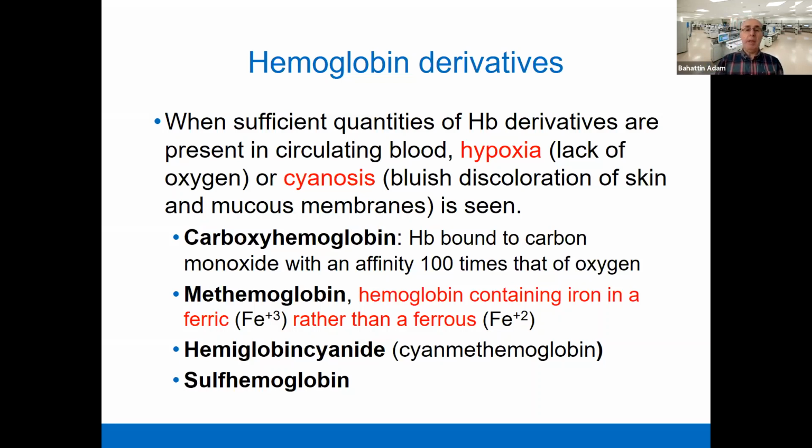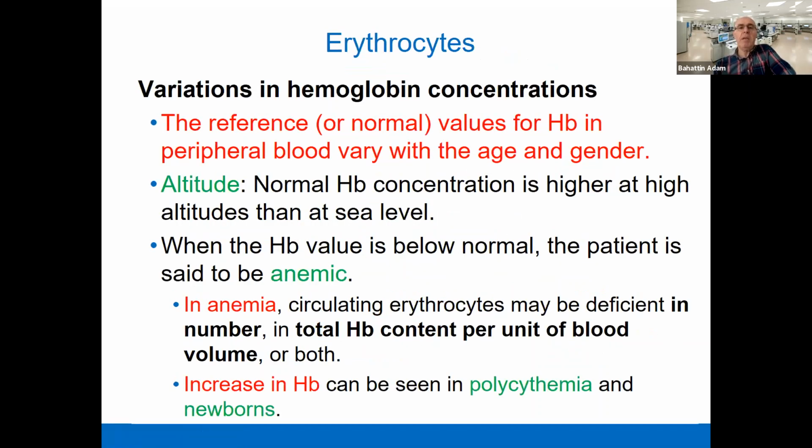It is a really important health issue in terms of carbon monoxide poisoning. Methemoglobin and other derivatives also affect the binding of the oxygen to the hemoglobin, and there are some other kinds we see here.